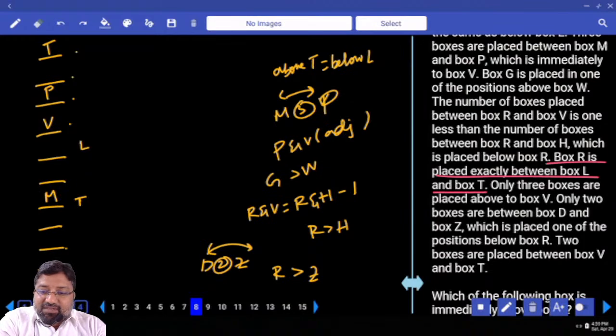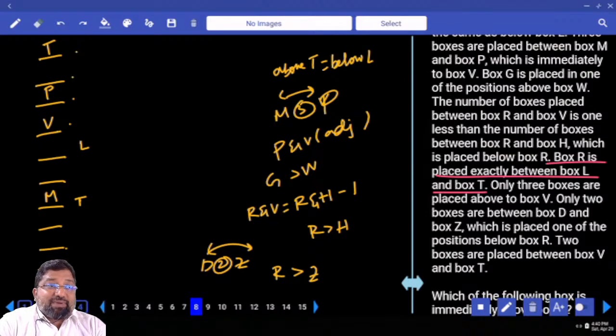How can I fix R? Where should I go for R? What are the positions for R?